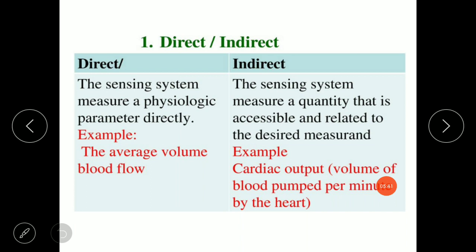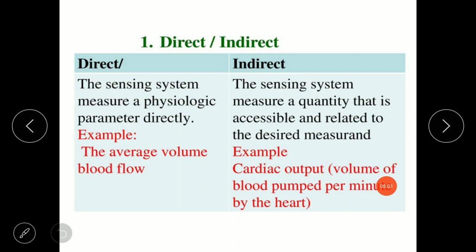On the other hand, indirect instruments are those which measure a parameter related to the physiological parameter of interest. For example, ECG recording at the body surface is related to the propagation of action potentials.